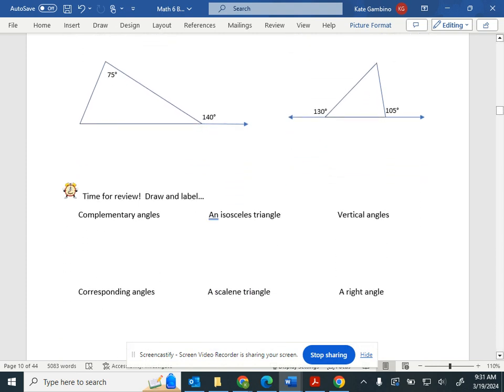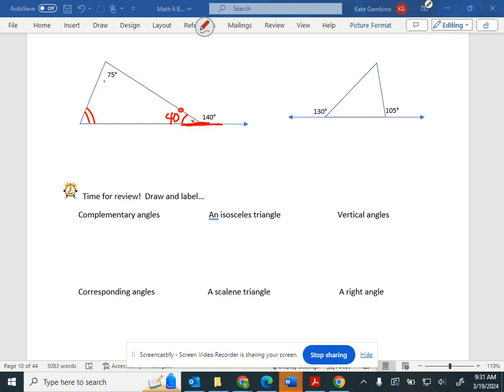For this one, remember we need to know the inside angles. So this angle right here is supplementary. So if we have 140 degrees, what does it mean if it's supplementary? Front and back of one card. So if it's supplementary, it equals 180. So if I know one part is 140, I know the inside angle would be 40 degrees.